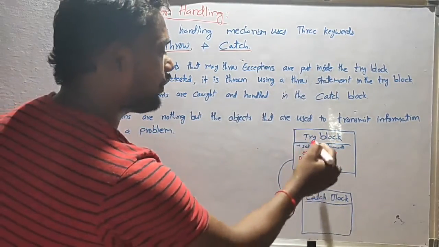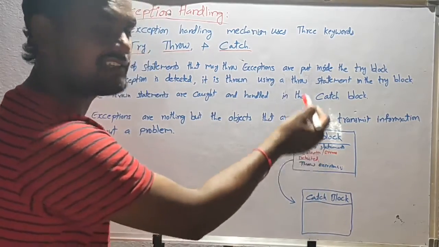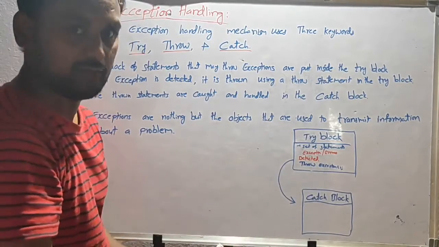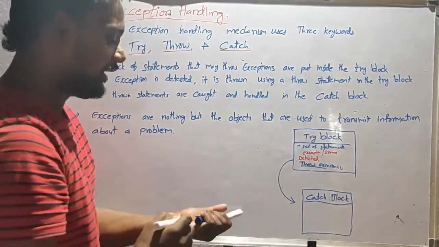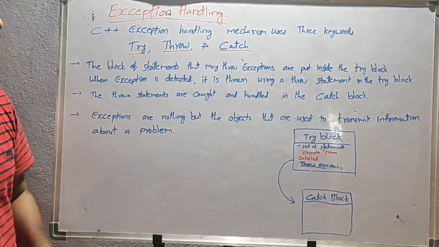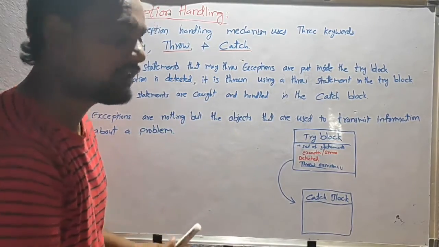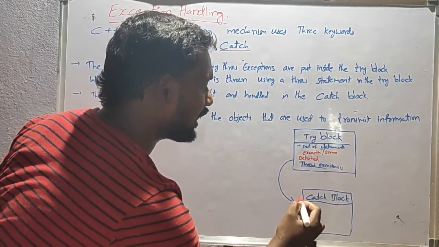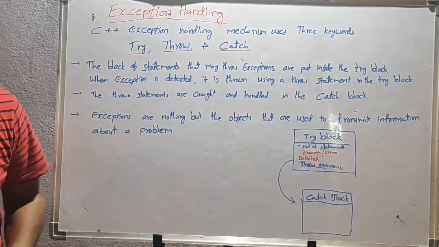In the try block we can expect the errors, and when an error is detected it is thrown by the throw statement. The thrown exception is caught and handled in the catch block.